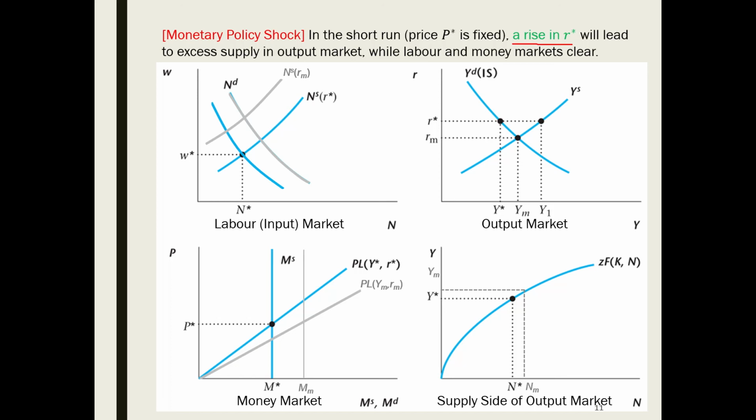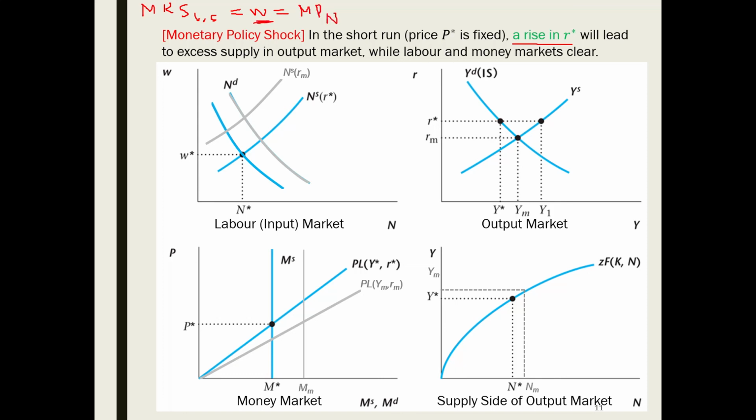In case you forget what these equations are, I'll repeat them. The intratemporal condition for the consumer is that the marginal rate of substitution between leisure and consumption equals the wage. And the intratemporal condition for the firm is that the marginal product of labor is equal to the wage. The two intratemporal conditions are linked by the wage.